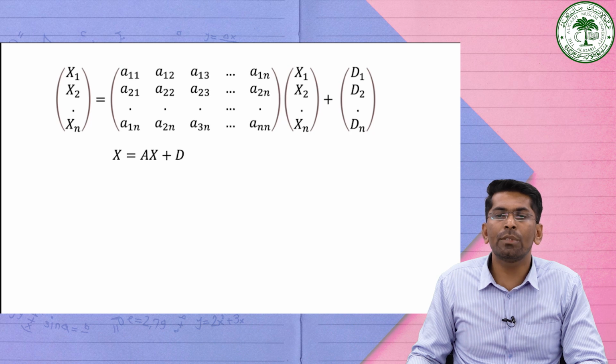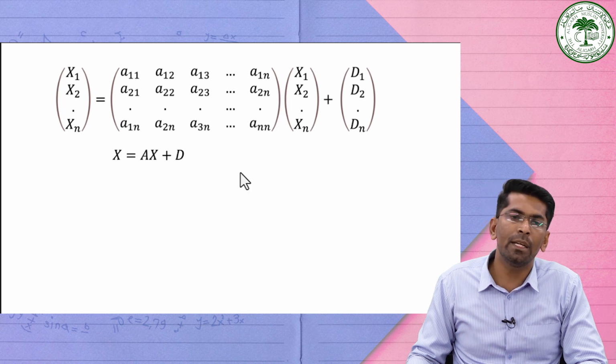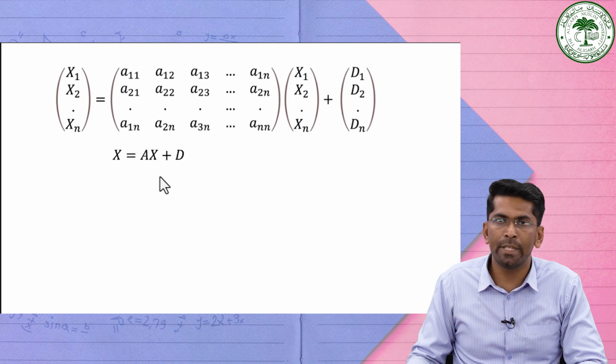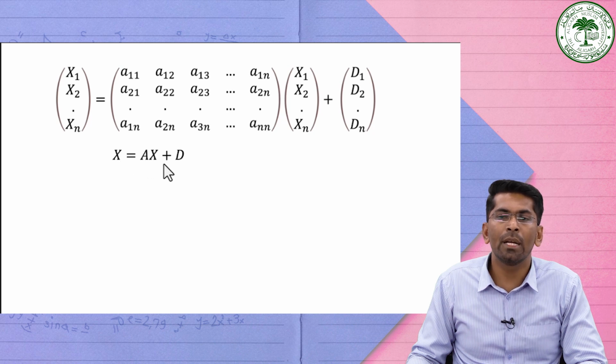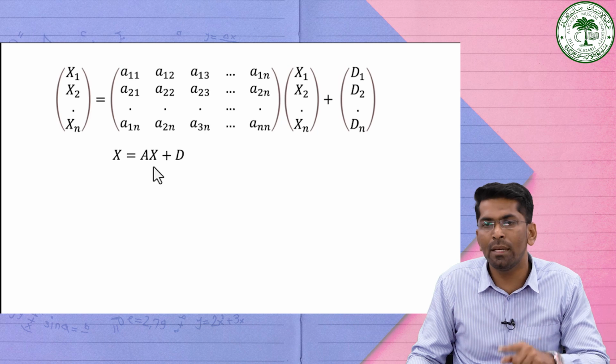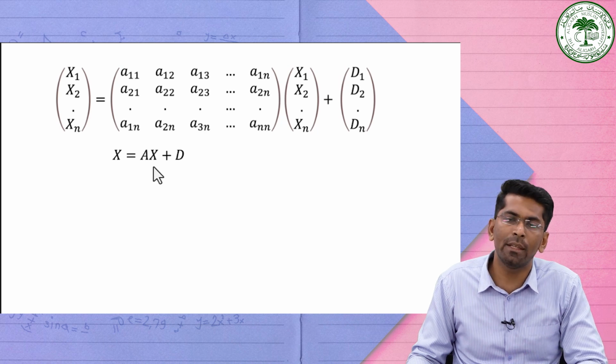We can reduce this entire explanation to the form X is equal to AX plus D, and this particular equation states that the total output of each sector depends upon its own production as well as the production of other sectors, and we have a final demand.